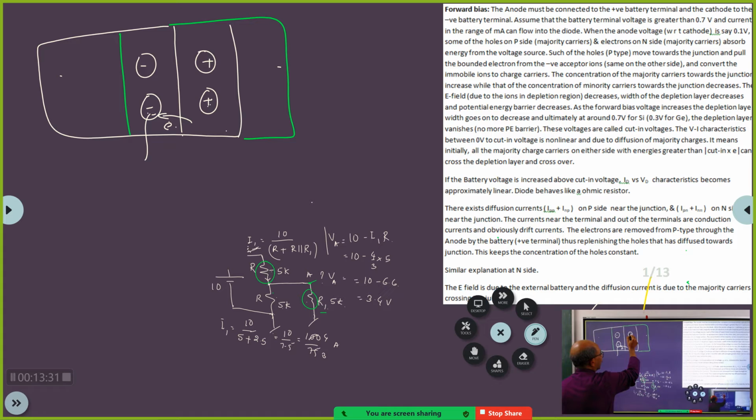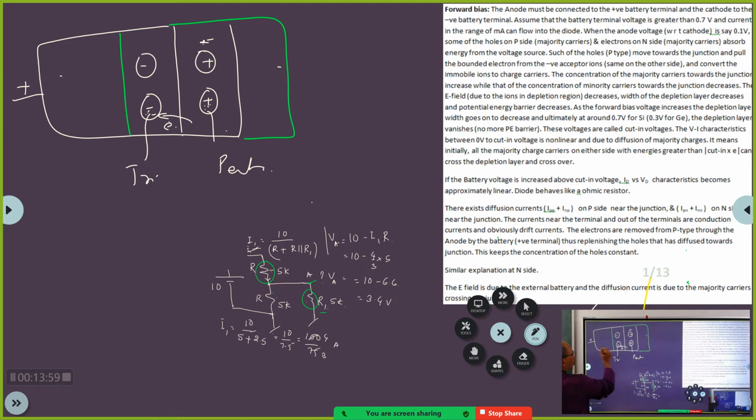And similarly, here you had a pentavalent impurity, here you have a trivalent impurity. This already had an electron. This electron is now gone, and therefore this has become ions. But these ions now have their respective charges trapped, and therefore they become immobile charge carriers. They cannot carry any more charge, and that is the quality of this depletion.